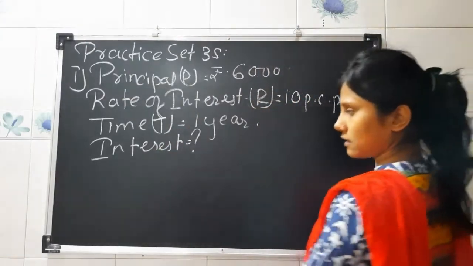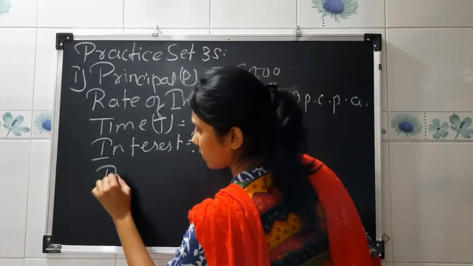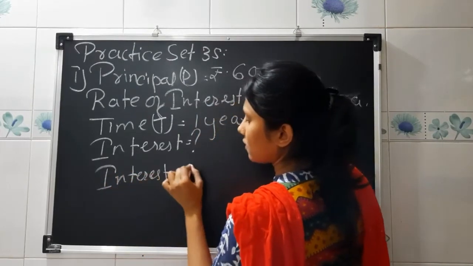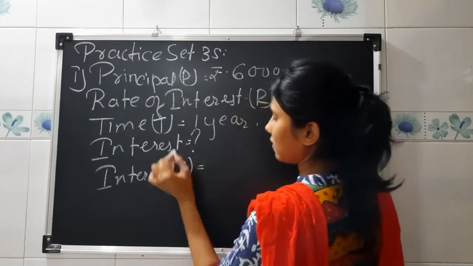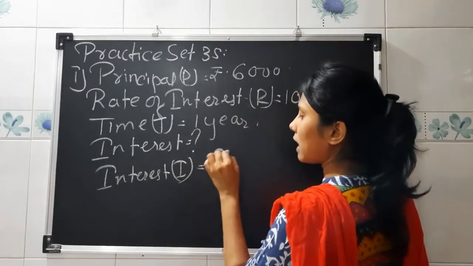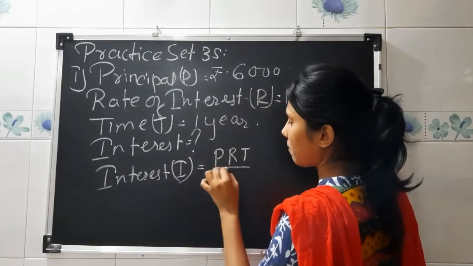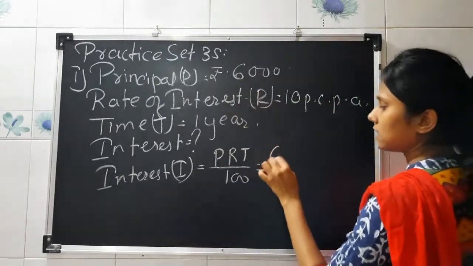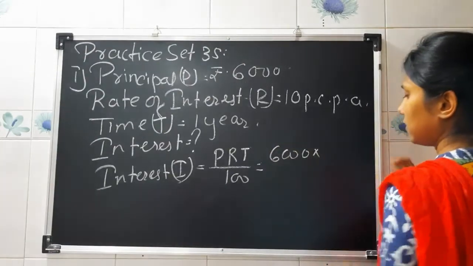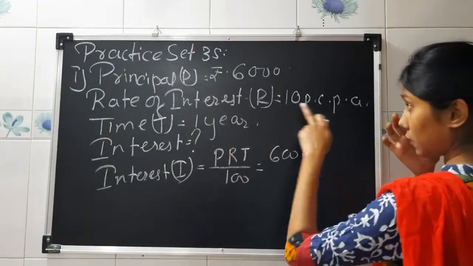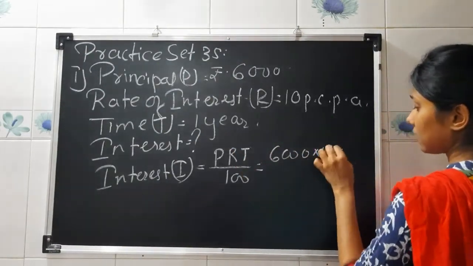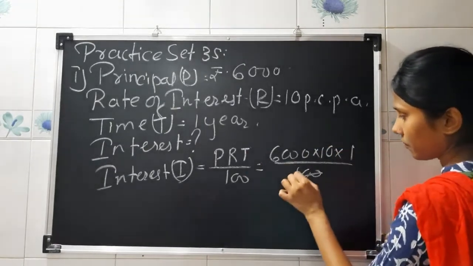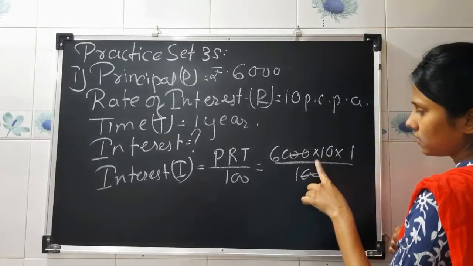So interest, that is I, is equal to the formula PRT upon 100. 6,000 multiplied by the rate of interest 10 into 1 year upon 100. 0 0 gone.